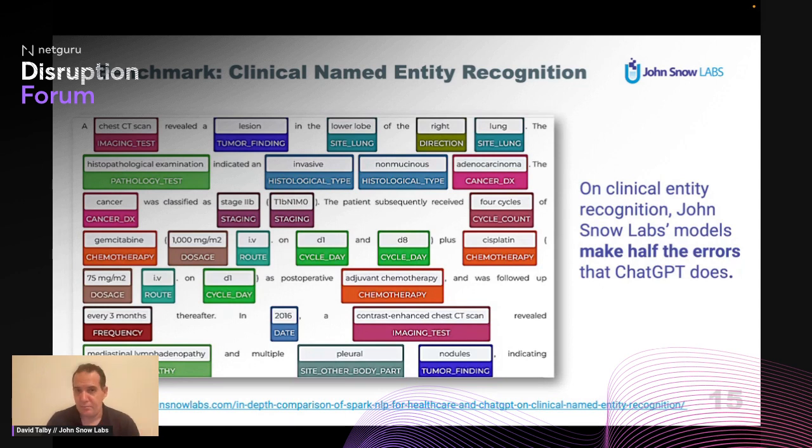ChatGPT makes twice the errors that our current models make. The nice thing is, yes, you can write prompts, and it actually does it. What's important to remember is that it does not do it well, and making twice as many errors is significant.